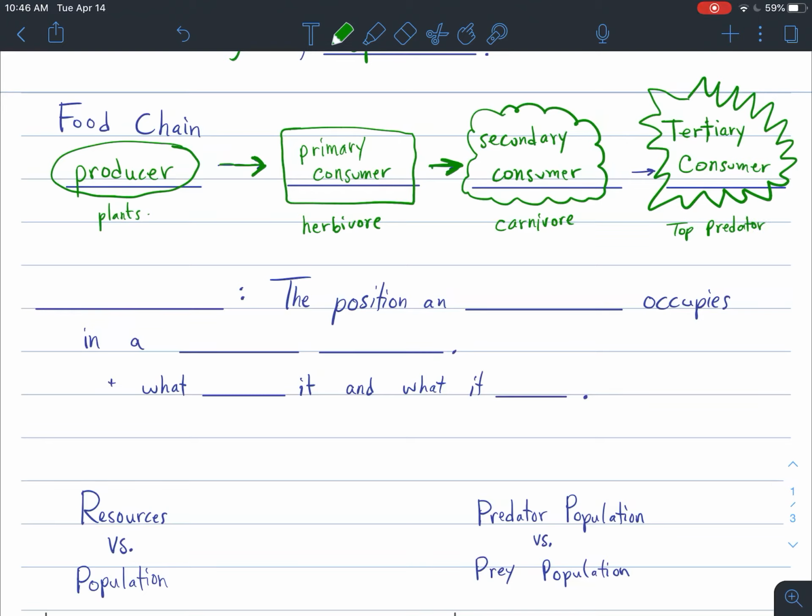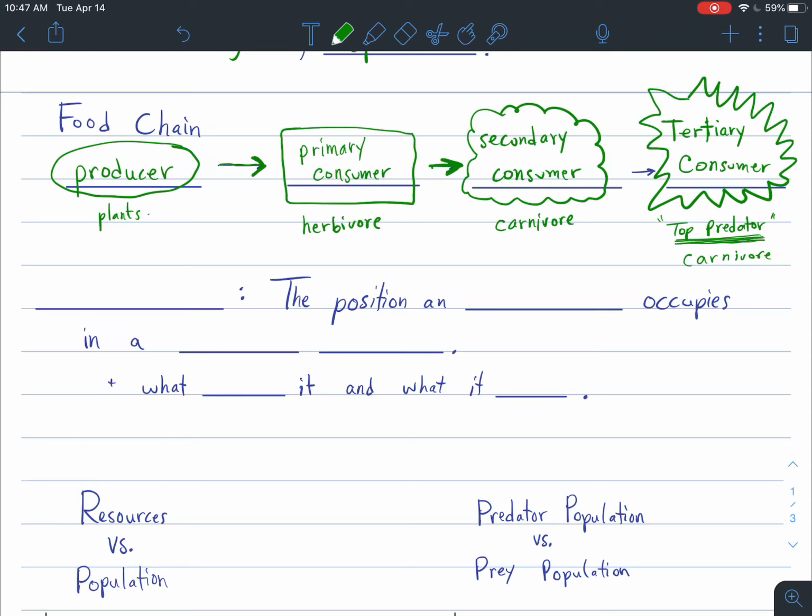And this is going to be a carnivore as well. This top predator is going to be the top of the food chain. Now, one thing to note is that the secondary consumer is going to typically eat other animals, but it might also be a scavenger and it might eat some plants. The tertiary consumer, the top predator, if they're the top predator, is pretty much going to only rely on meat. So they are a pure carnivore.